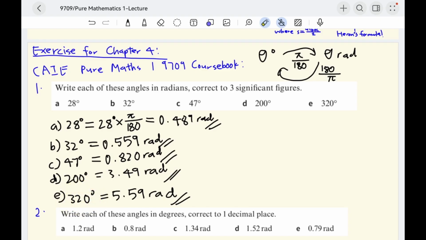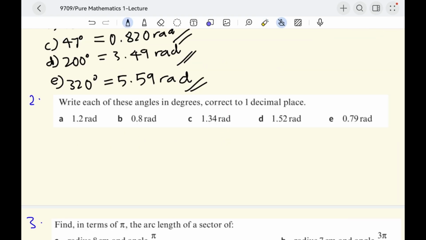Alright, so no worries that it is not an acute angle, because this question only wants you to convert these angles to radians. So as long as the radians are positive angles in the anti-clockwise direction, okay? So I hope you clearly understand this. Right? So that's the end of the discussion for this question.